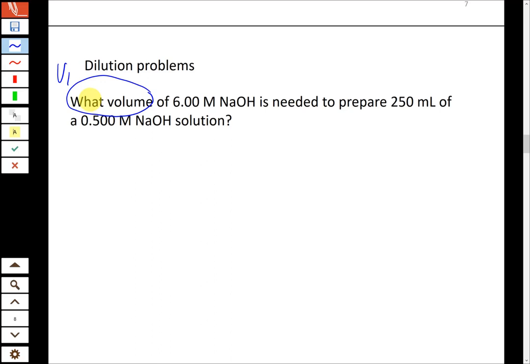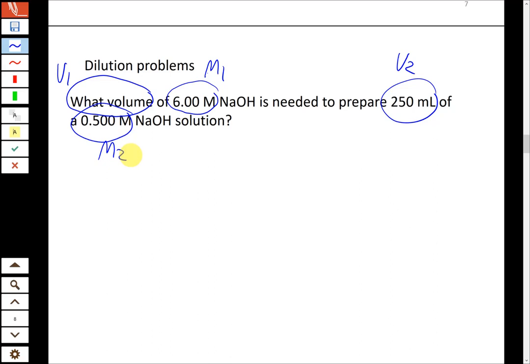We're looking for what volume of this solution, so this is going to be the molarity that corresponds with that volume. If I call that V1, this is M1. And we're trying to prepare a solution that has a given volume of 250 milliliters. That's going to be our V2, and a smaller molarity, 0.5 molar, that's going to be M2.